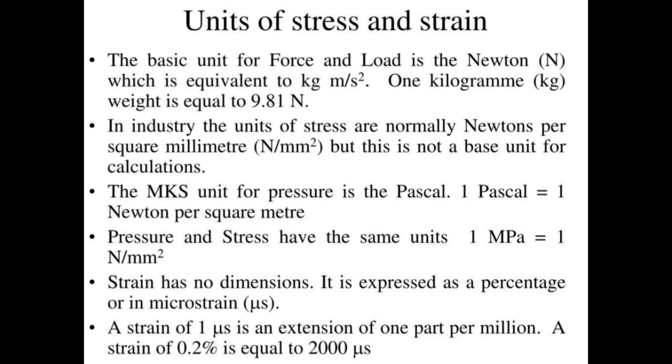These are the common units of stress and strain. The basic unit for force and load is the Newton, a common term. We represent force as well as load in Newtons, which is equivalent to kg meter per second square, whereas 1 kilogram is equal to 9.81 Newtons. In industry, the units of stress are normally Newton per mm square.